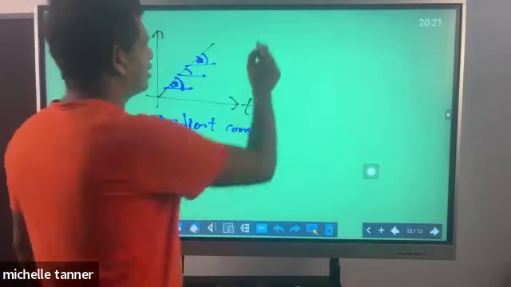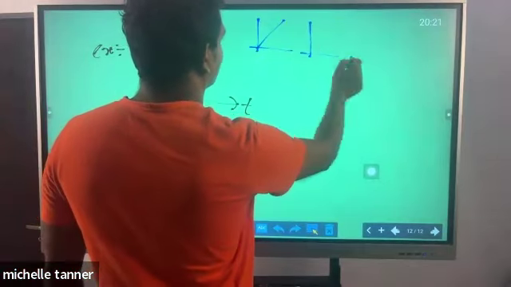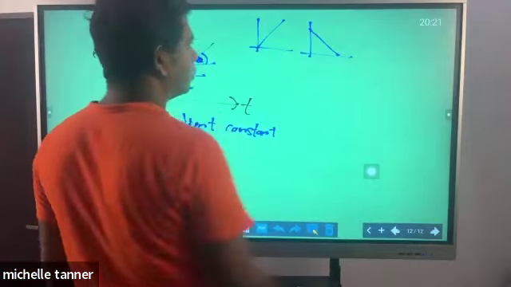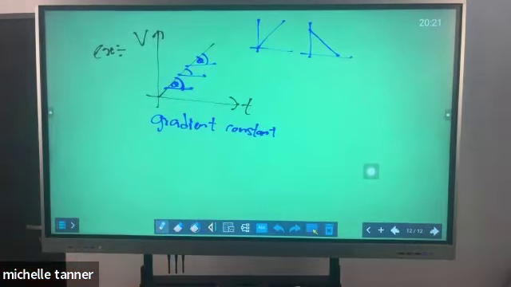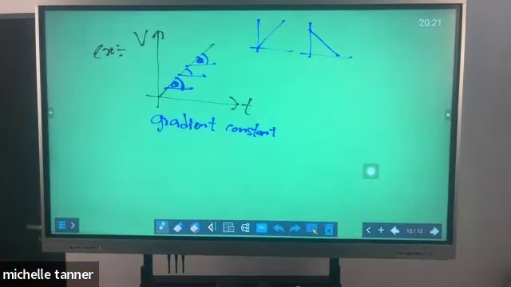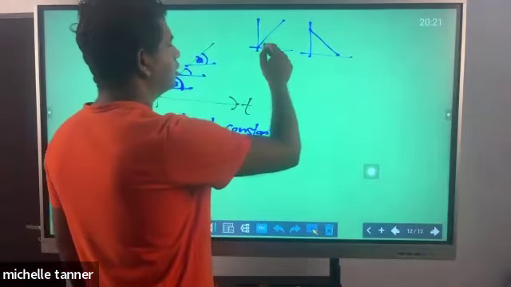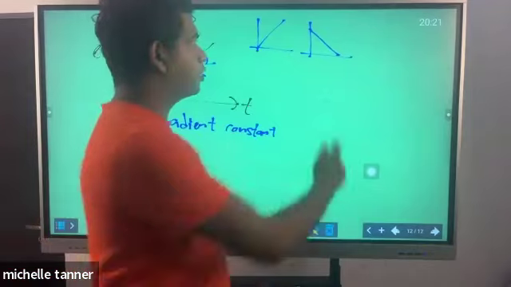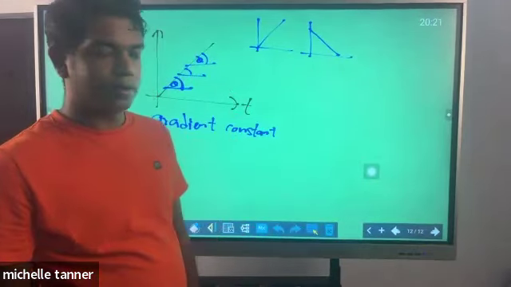And the next important thing: this gradient is positive, this gradient is negative. Do you know that one? From your previous knowledge of graphs, when the angle is small, an acute angle, the gradient is positive. Obtuse angle, gradient negative, no?